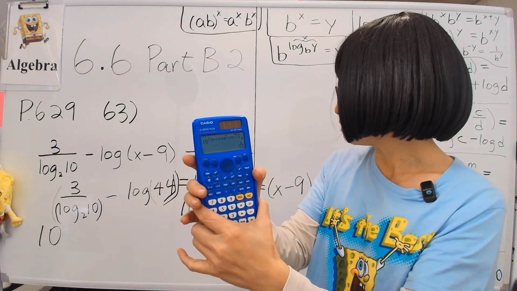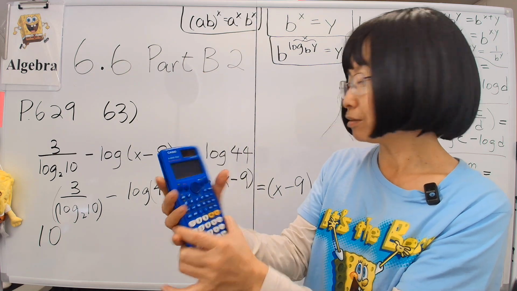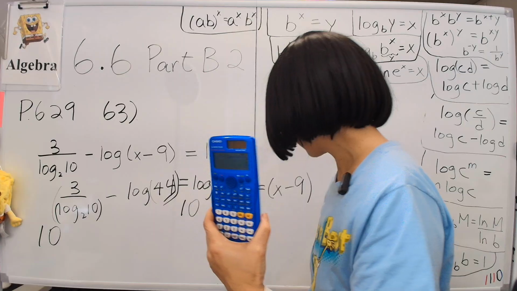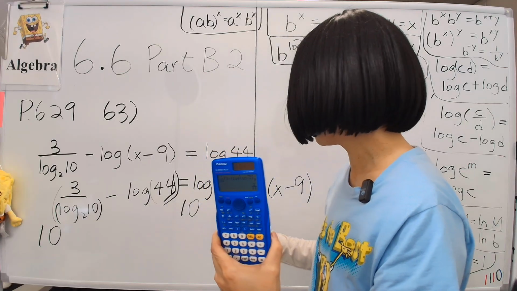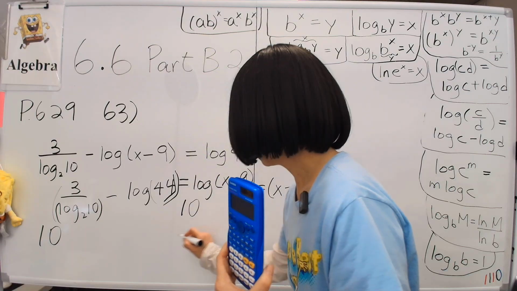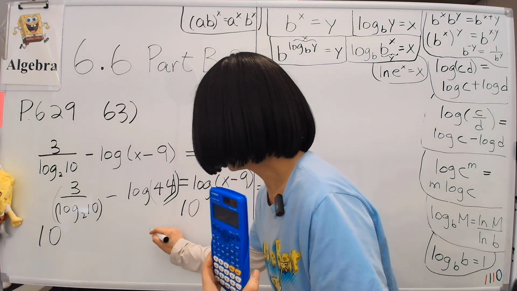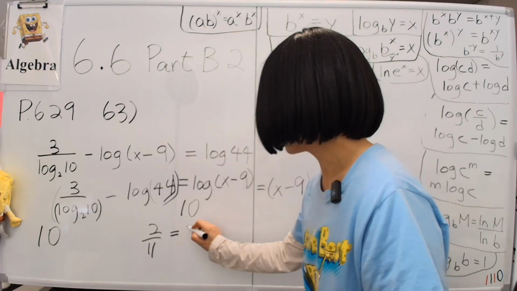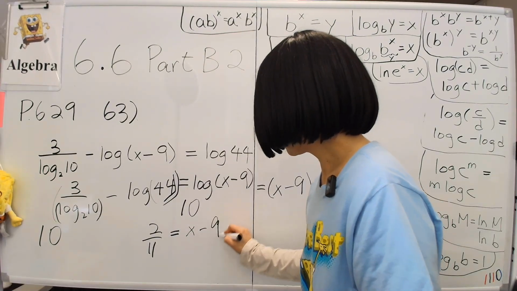This whole chunk right here is equal to 2 over 11. So that is equal to 2 over 11, and then this is x minus 9.